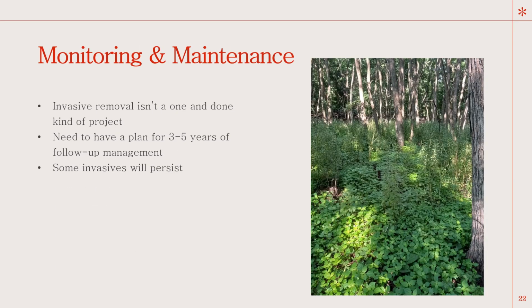And then you want to have a monitoring and maintenance plan in the back of your head. Invasive removal, unfortunately, is not just a one and done kind of project. You do want to really think about 3 to 5 years of follow-up management. I wish it was a one and done sort of thing, but plants aren't like that. Some invasives will persist in the ground, either from seeds already in the soil or from propagules blown in from neighboring properties.